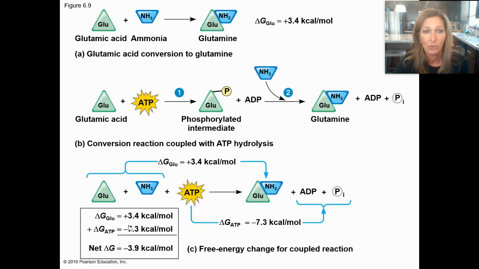You have to release the energy before you can use the energy. And oftentimes that release of energy comes in the form of hydrolysis of ATP. If I couple this formation of glutamine that required energy with the hydrolysis of ATP that released energy, now I have enough energy to perform this anabolic activity, that non-spontaneous reaction. So that's what we mean by the coupled reaction.